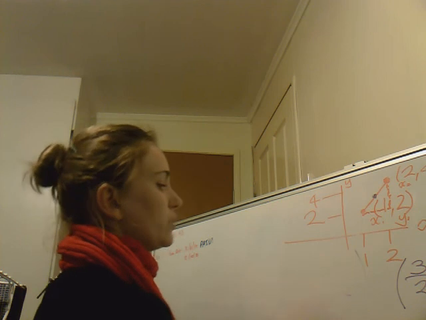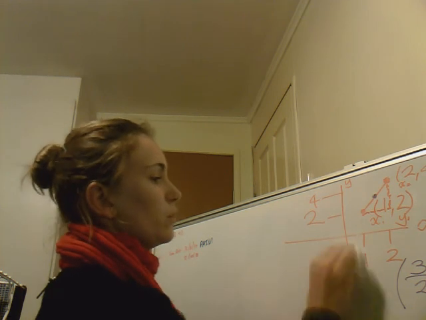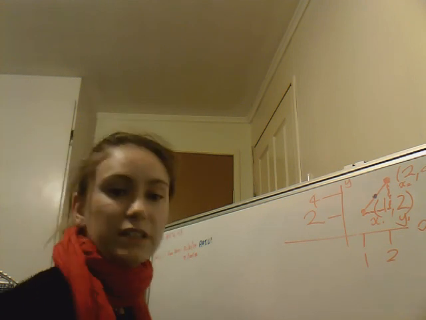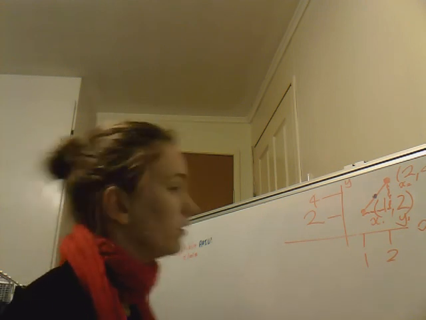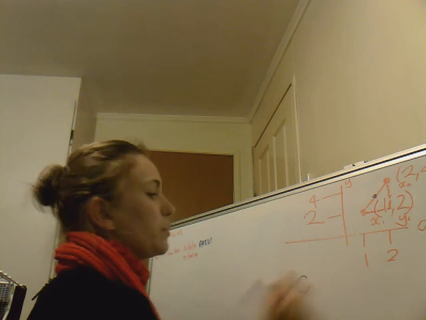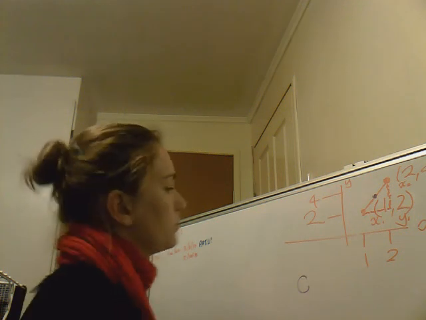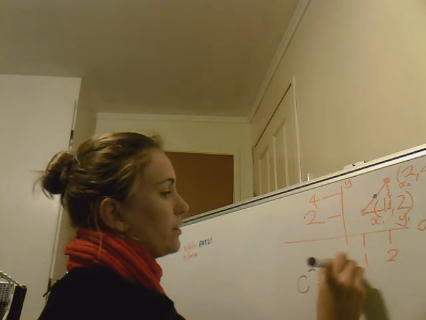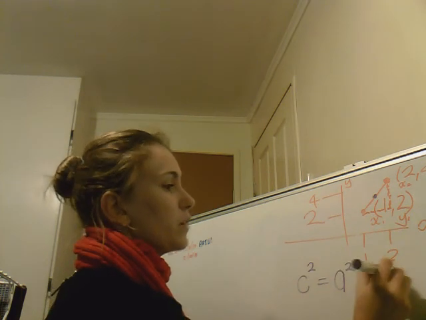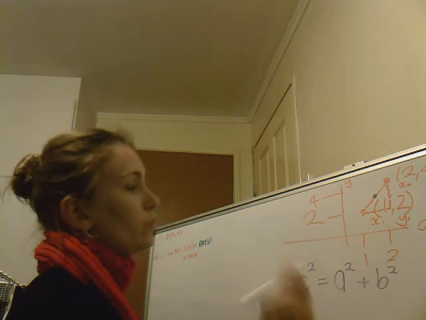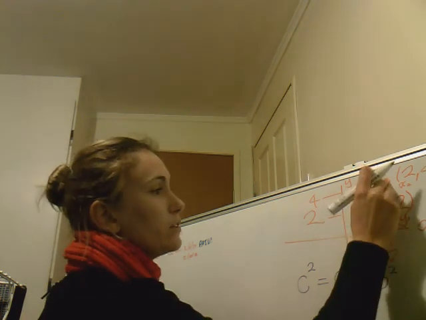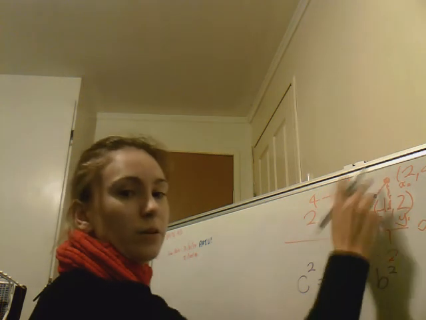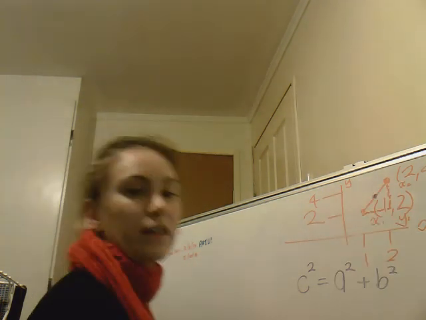The last equation that you'll need to know for linear graphs, and you'll be asked to do in the exam, is the distance equation. The distance equation can be found by using Pythagoras, which is c squared equals a squared plus b squared. We can use Pythagoras because you can see that the distance between these 2 points shows a triangle.